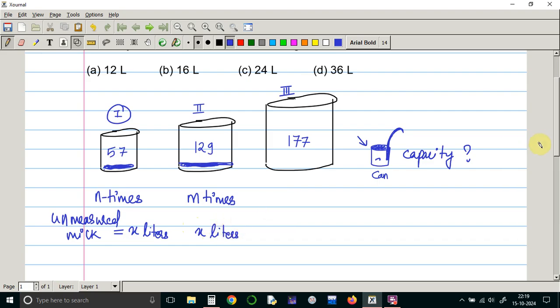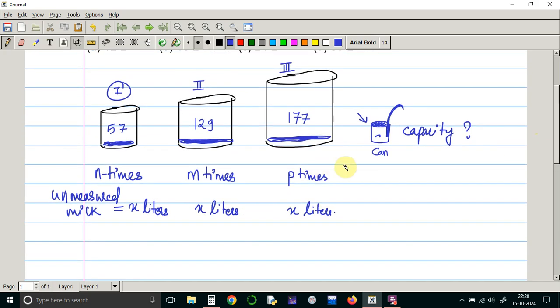It's according to the question. So the same thing is going to happen with the third jar. Say p times I am using this can to take out milk, and after taking out p times, there is a small amount of milk remaining in it. So the volume of this remaining milk is x liters.